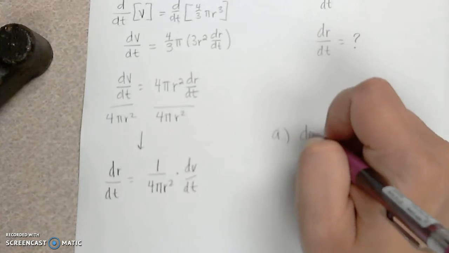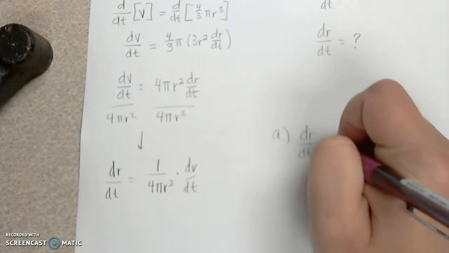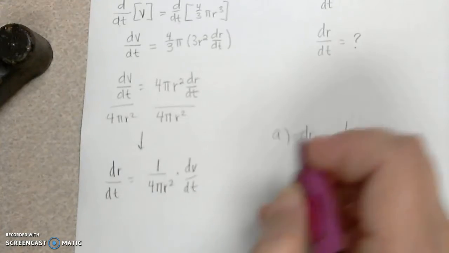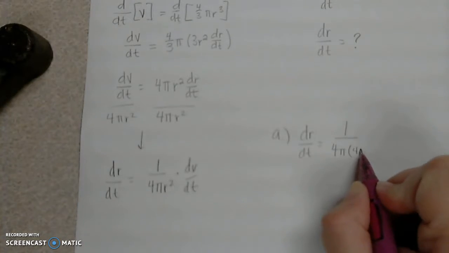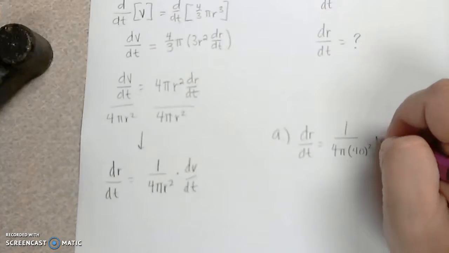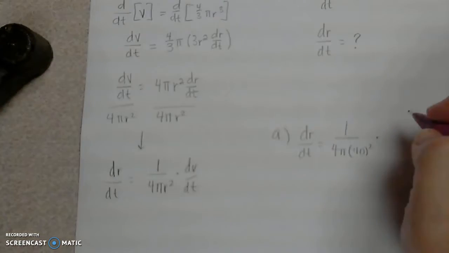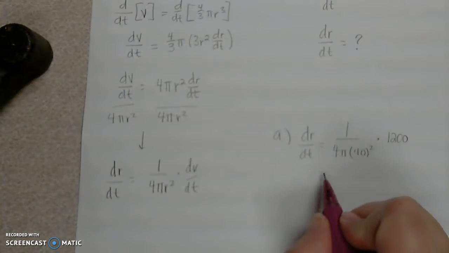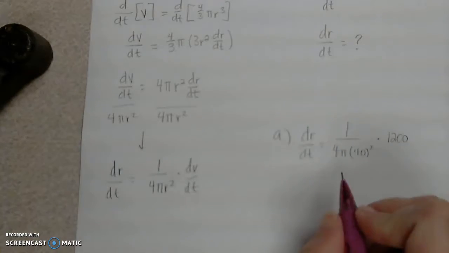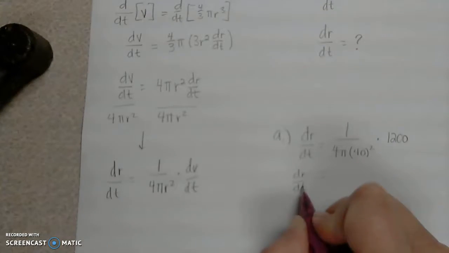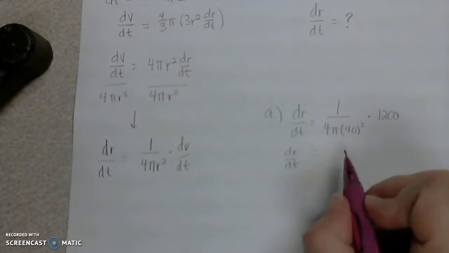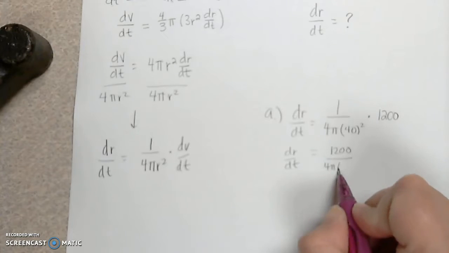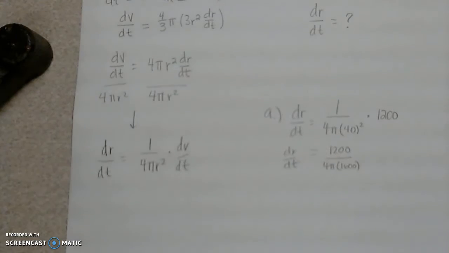Make sure you can see what I'm doing here. We'll say dr dt equals 1 over 4 pi times r squared, so that'll be 40 squared, times dv dt, which is 1200. If I multiply that out, I'll have dr dt equals 1200 over 4 pi times 1600.